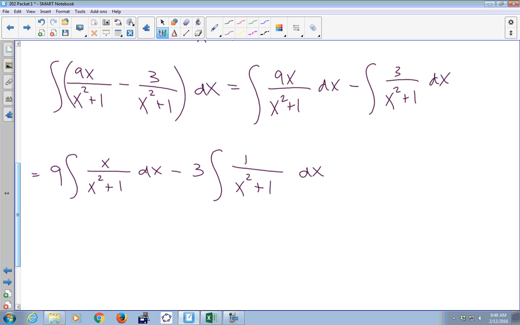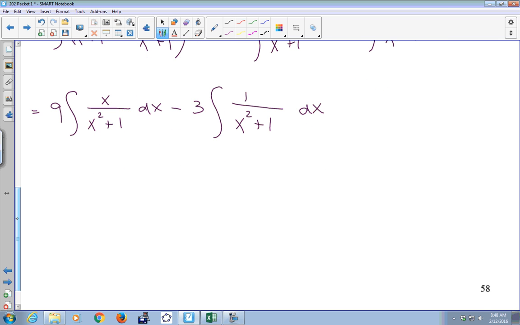Which one? The second one. And what is the antiderivative of 1 over x squared plus 1? Arctan. Yeah, the derivative of arctan x is 1 over x squared plus 1. So this one on the right, we can do right away, nothing fancy.